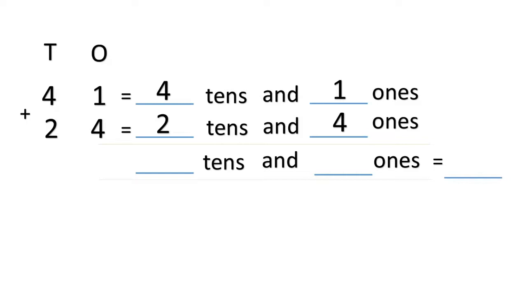So tell me, how much is 1 plus 4? It is 5. So 5 ones. Now we'll go to the tens place and add. How much is 4 plus 2? Yes, it is 6. So now 6 tens and 5 ones is equal to 65. Very good.